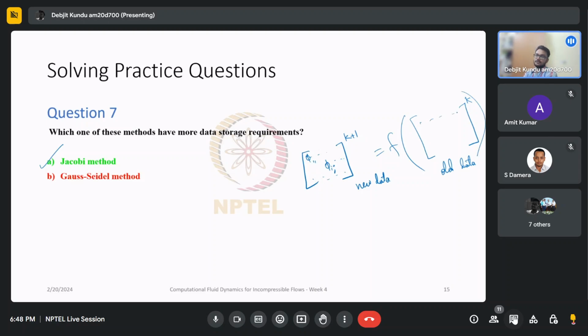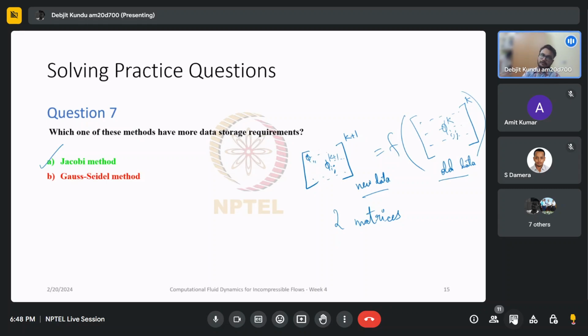So here also we have all these phi ij at the kth level, and these are phi ij's at the k plus 1th level. So we need to maintain two matrices, of old data and new data, at all times. Plus other things are there, that's different, but the data points themselves are these two.